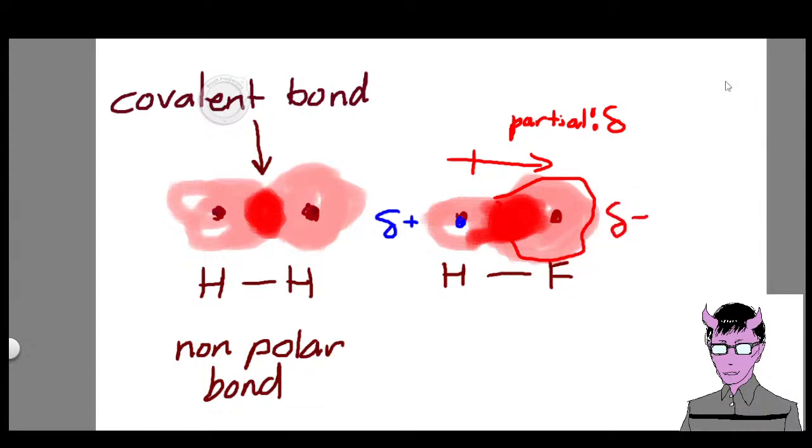Alright, something interesting happens. Again, chemistry is just so interesting. You have this characteristic right here, where one end is partial positive, and then you have another end of the molecule which is partial negative, and this actually looks kind of like a bar magnet, does it not?